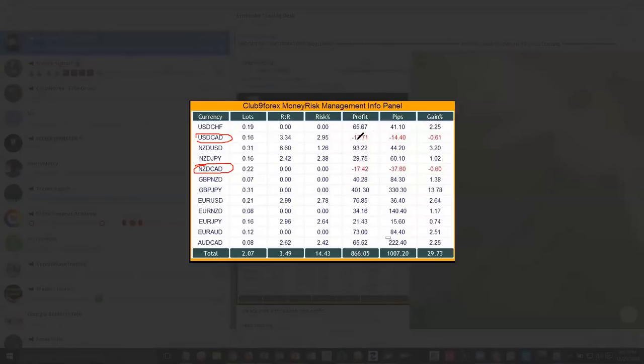But as a matter of fact, the risk around this level is just 14%, and you are still in profit of around 29%. So if you keep trying to make sure that you don't lose any, what will eventually happen is that you are going to be losing some of the winning positions that you even have right there.